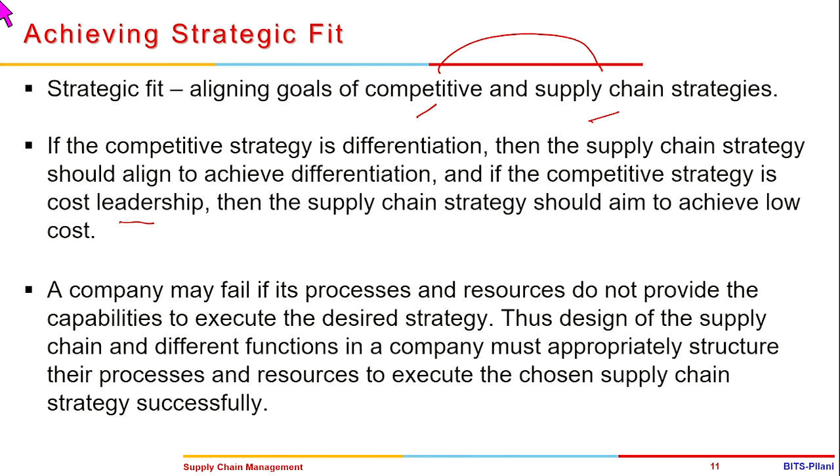In that case, a company may fail if its processes and resources do not provide the capabilities to execute the desired strategy, which means that if the desired competitive strategy is differentiation, then the processes and resources should also be made available to the supply chain managers so that they can achieve those strategies.